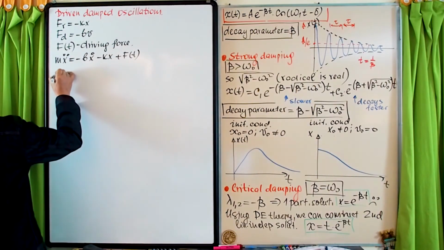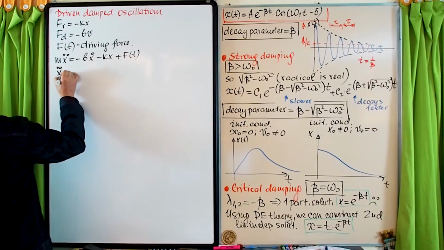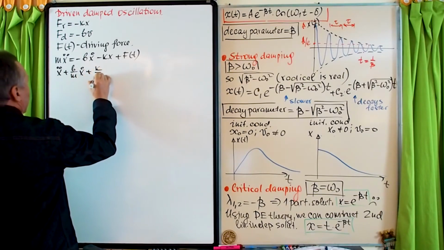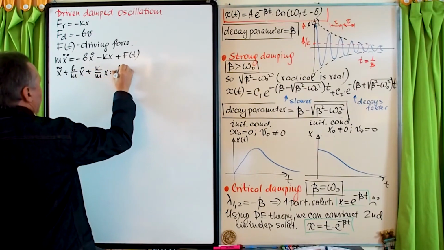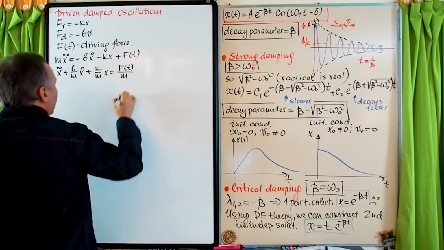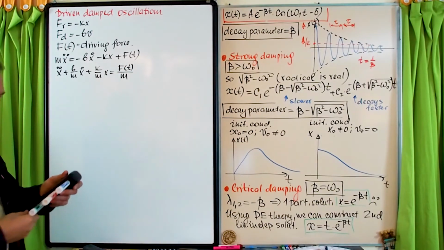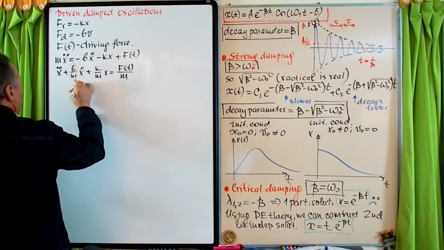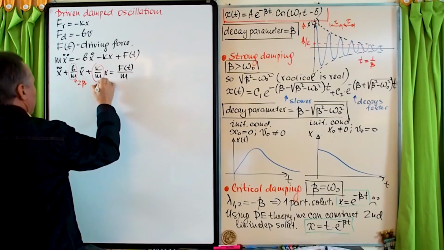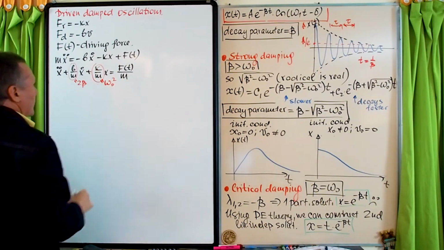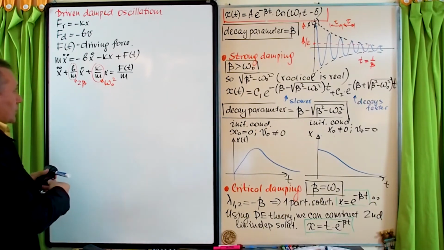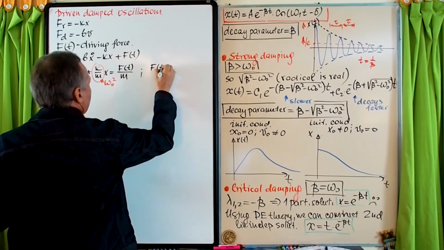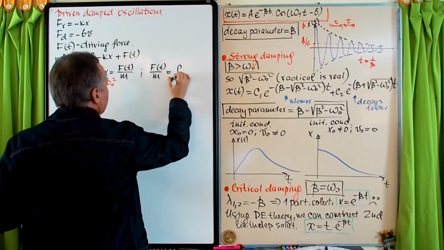After dividing by m, we end up with x double dot plus b over m x dot plus k over m x equals, and I will keep f on that side. Who wants to drag this constant? So exactly the same substitutions: this is our 2 beta, and this is our natural frequency. And now instead of f over m, let's label it as f small.